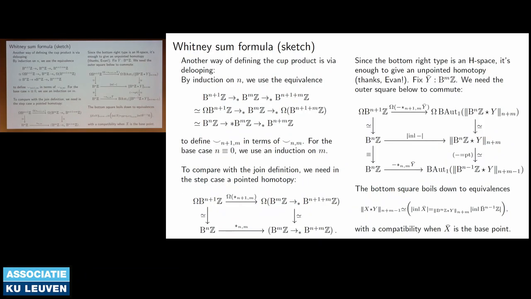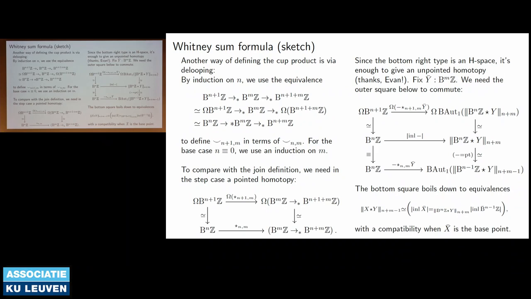Okay, so here's a sketch of how this is going. So I mentioned we have these delooping machines, similar to what David wrote about. So in the same way, we could define cup products inductively by using this equivalence. So to give a bipointed map from Bn+1Z and BmZ to Bn+1+mZ, well, by connectivity and truncatedness, such a map is equivalent to one from looping the first and the last type.